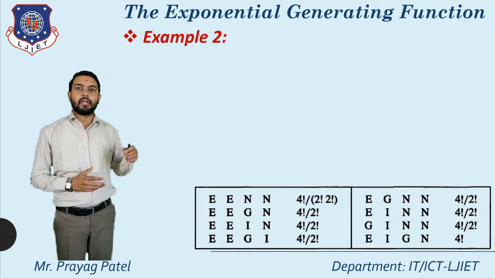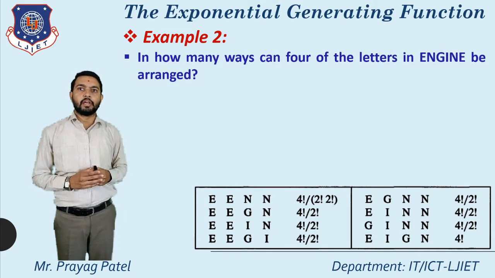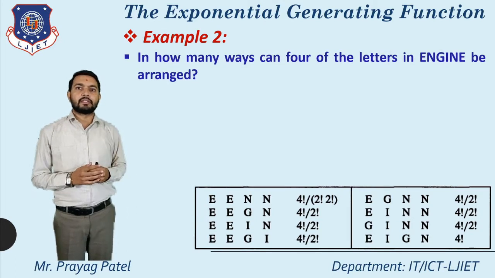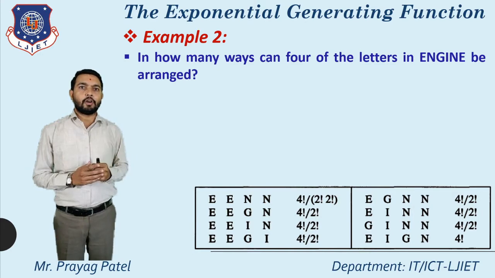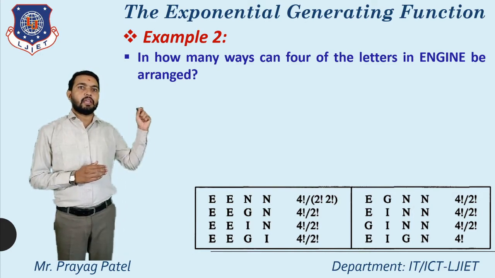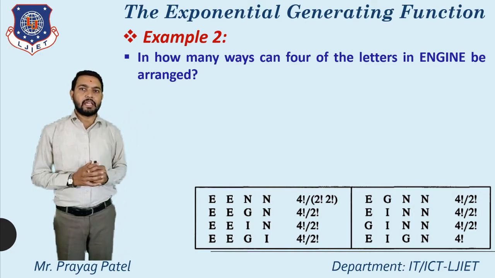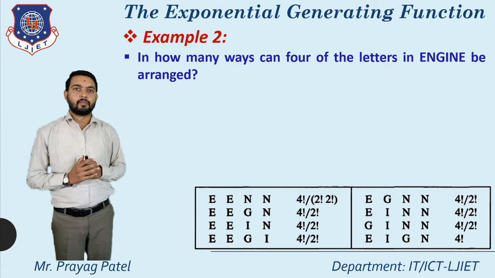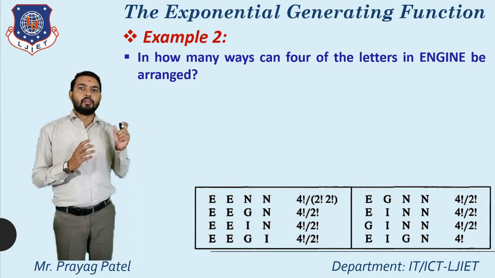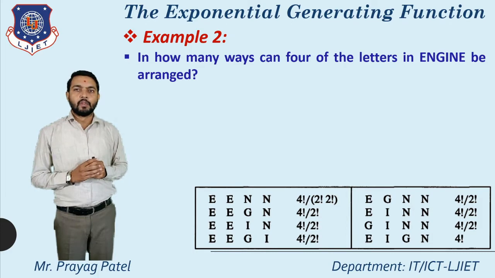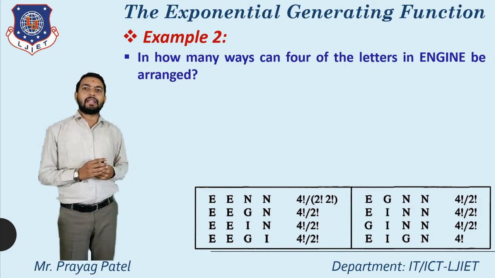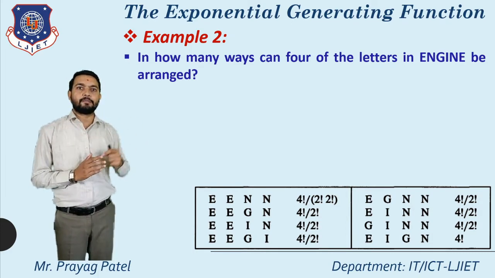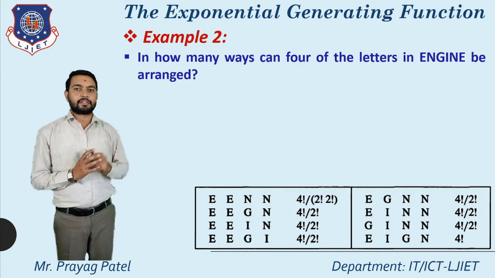Now the second example, example number 2. In how many ways can 4 of the letters in E, N, G, I, N, E be arranged? So from the given word, you have to select 4 letters. How many ways are there of writing 4-letter combinations from the given letters?